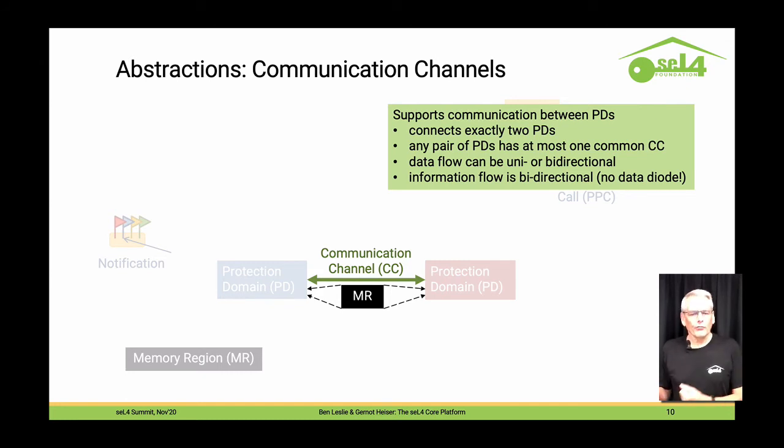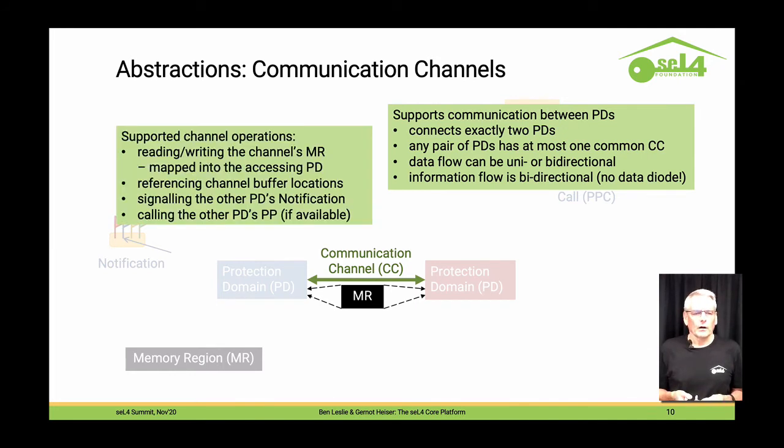Data flow through a communication channel can be unidirectional or bidirectional. That depends on how the specific communication channel is configured. But from the security point of view, information is always bidirectional. So you cannot have data diodes in this simple model.